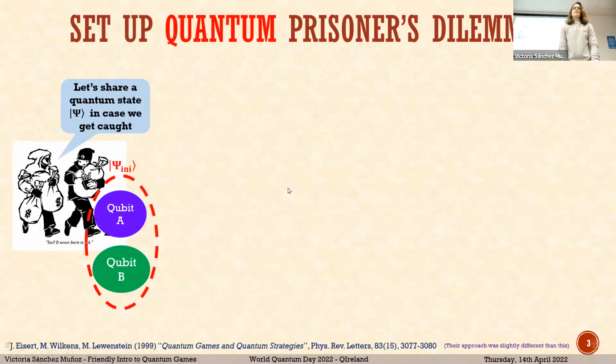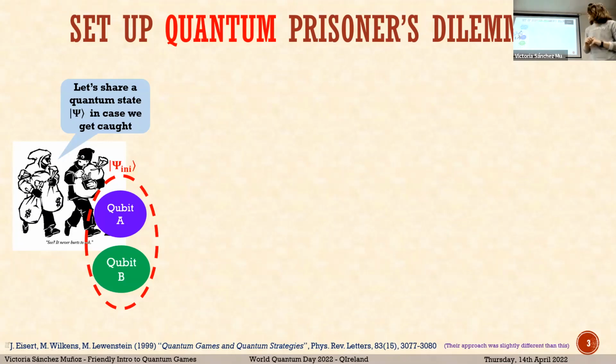What about the quantum version of that? Well, the quantum version of that was proposed by Eisert, Wilkens, and Lewenstein, in this paper in '99. Okay. And their approach is slightly different to what I'm going to present, but the idea is the same.